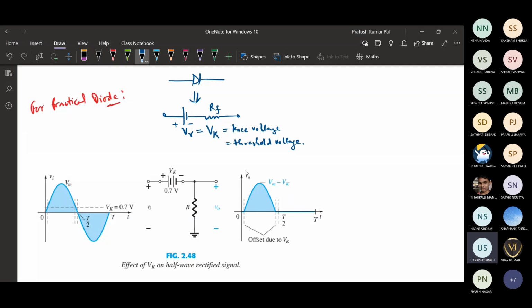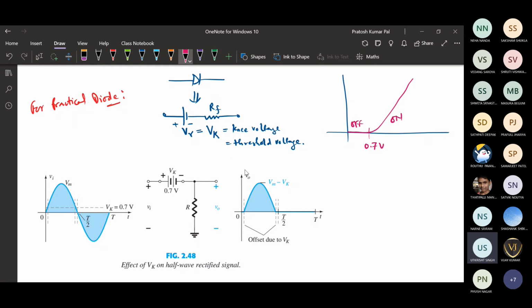To conduct, this diode needs at least 0.7 volt applied. So if this is the waveform, it is going to conduct only when the applied voltage is greater than 0.7 volt. For this region only it will be on, otherwise it will be off.